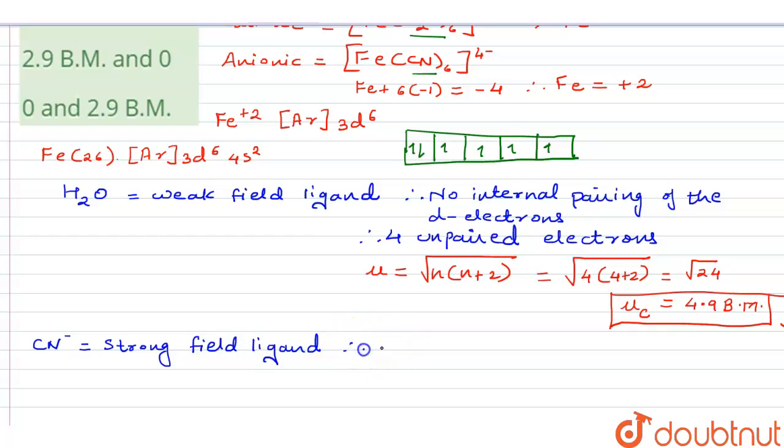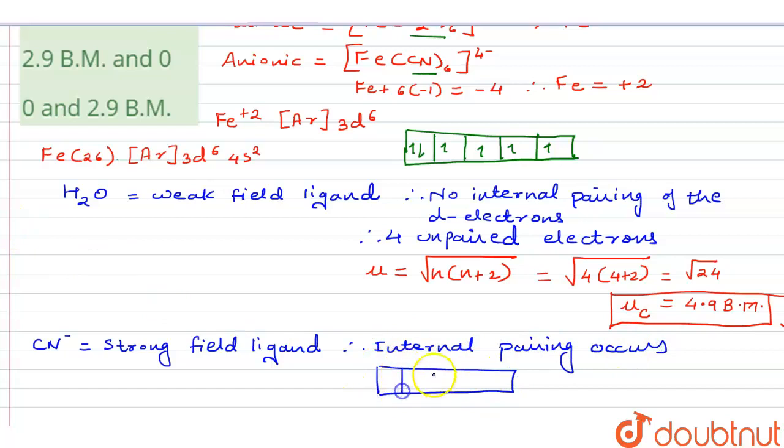This means that in the first case you had seen 2 electrons in the first part and 4 unpaired electrons, and now these pair up.